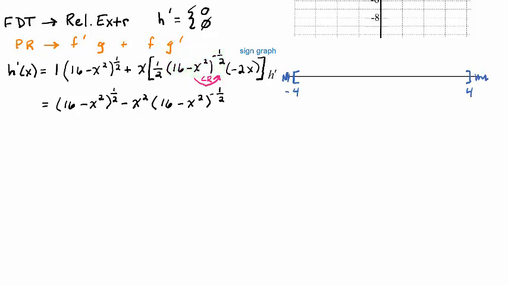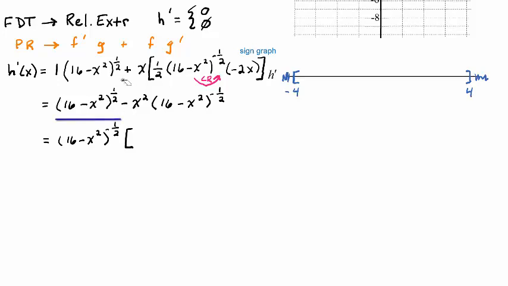Now we're ready to factor. Remember, you always take out the smaller exponent, so we will be factoring out the quantity 16 minus x squared to the negative 1/2. And to do the factoring, you can just think of the division.